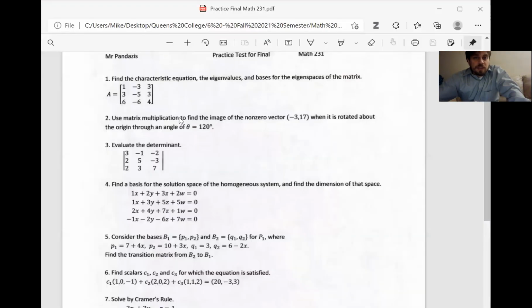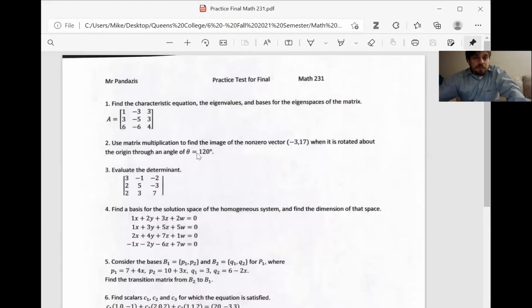Okay, so let's look at another one. Let's find the characteristic equation, the eigenvalues, and bases for the eigenspaces of that matrix. Let's find first the characteristic equation for that matrix.